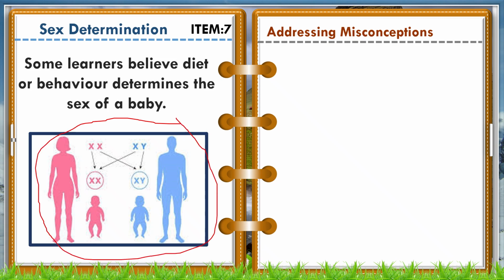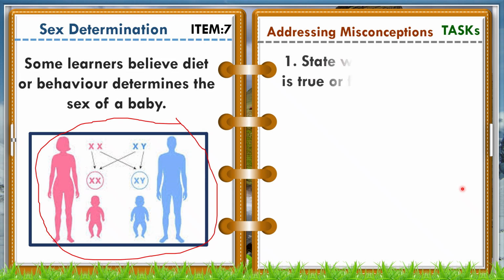This diagram shows that the sex is determined by the chromosomes that come from the mother and the father. But the learners believe that it might be the diet or the behavior of the child that determines the sex of the baby.